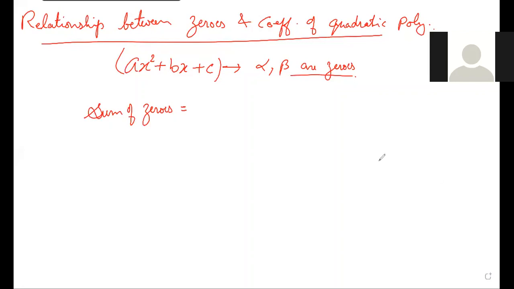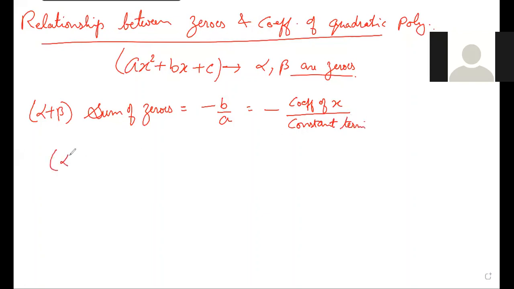Alpha plus beta is equal to minus b upon a. Sum of the zeros, that is alpha plus beta, equals minus b upon a, which we can write as minus the coefficient of x upon a, the constant term.